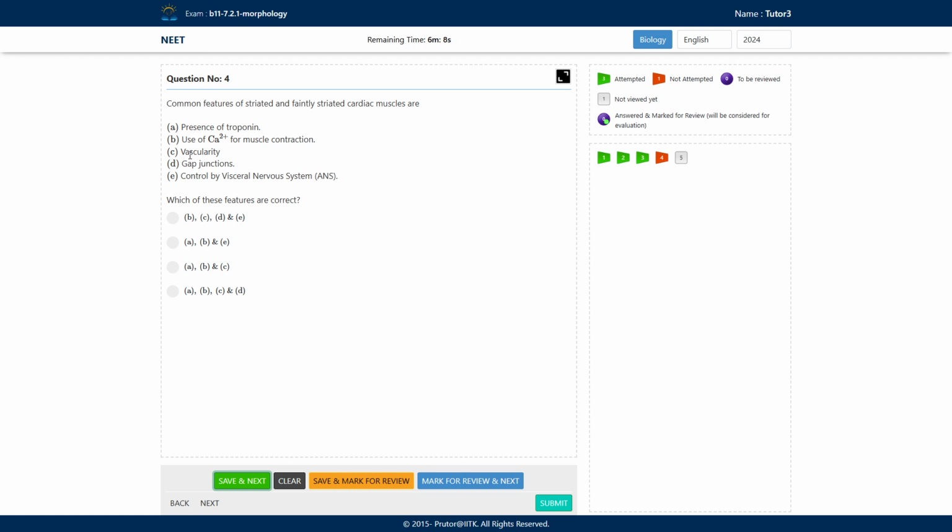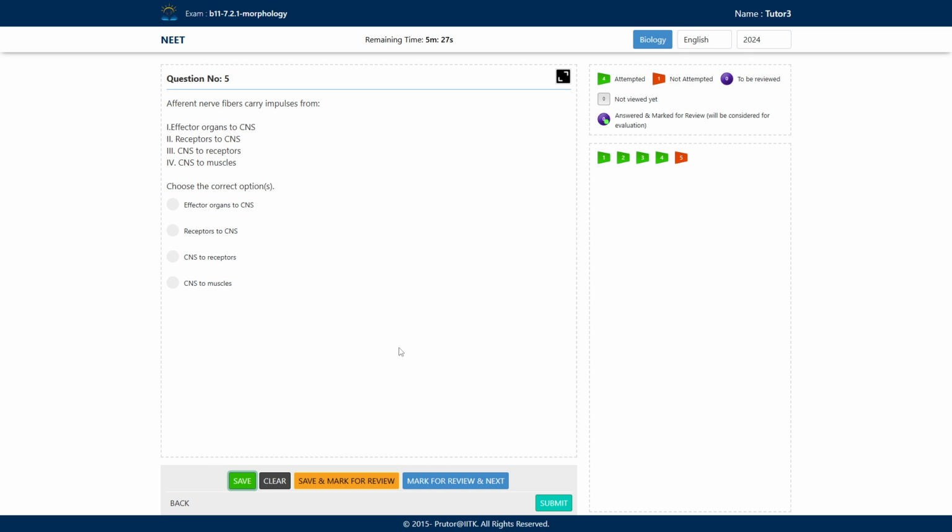Without calcium ions, there will be no muscle contraction, right? Calcium comes from the sarcoplasmic reticulum. The endoplasmic reticulum is called sarcoplasmic reticulum in the case of muscles, and it releases a lot of calcium. And also vascularity. These are the three points. Gap junction is not related to that, and control by the visceral nervous system is also not related in cardiac muscles, right? So our correct answer is ABC, the option having ABC, this is option 1.